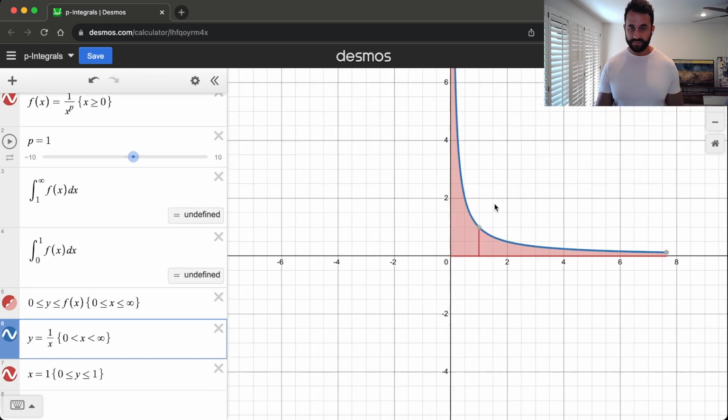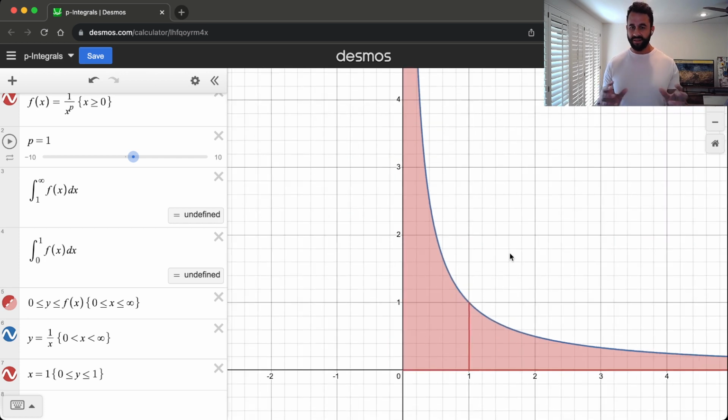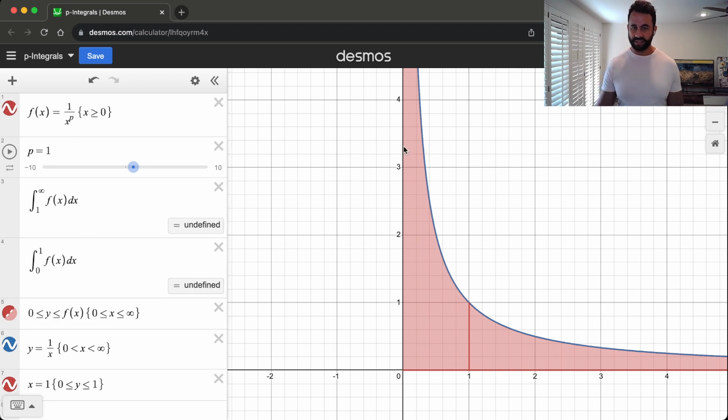There we go. So the curve 1 over x is basically like the inflection point in some sense, the inflection point in terms of p. So when your function is quite literally 1 over x, you have this blue curve. And in this case, both areas are going to be infinite, and you won't have any convergent integrals.